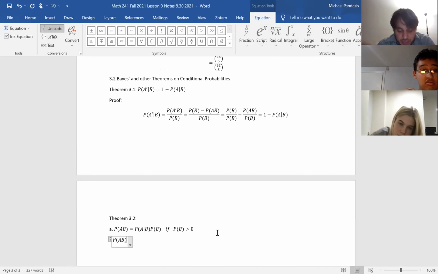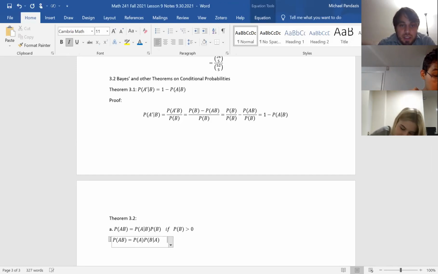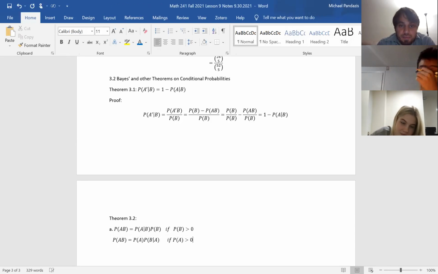P of AB is also equal to P of A times P of B given A. And this is if P of A is positive.